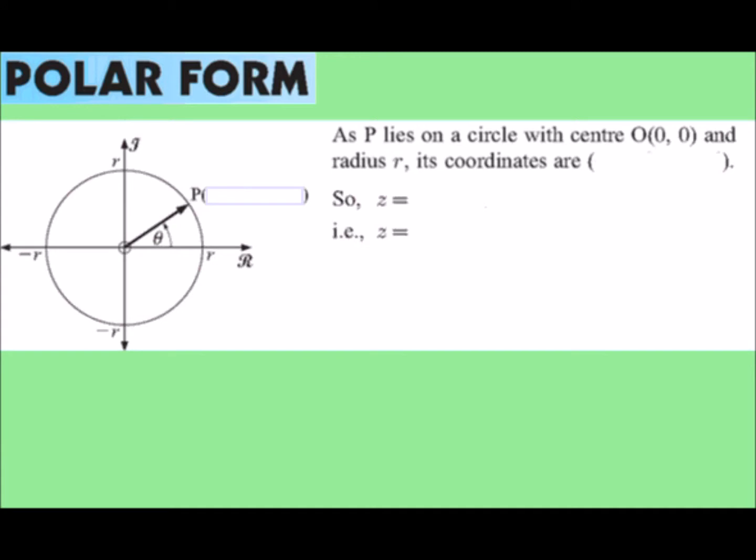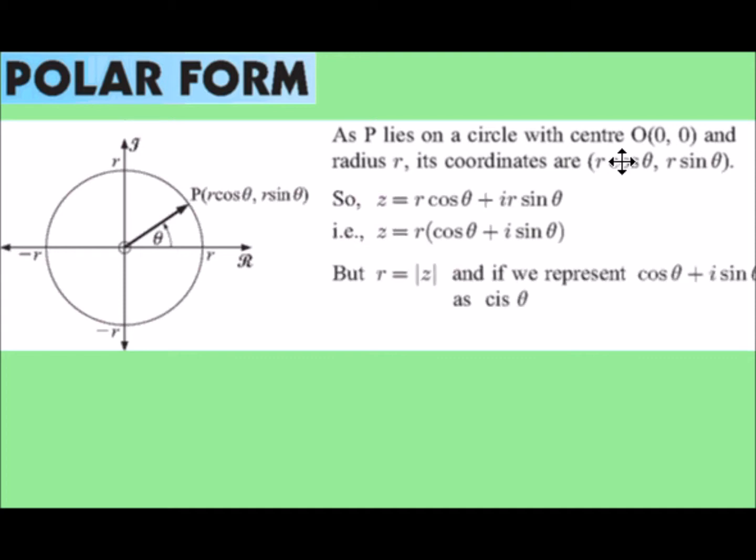So if we now consider point P, a point on a circle of radius r centered at the origin, then the coordinates of point P would be length r times cos theta, and length r times sine of theta. So the complex number z, which was x plus iy, would now be r cos theta plus i times r sine theta. Take out a common factor of r, and we have z is equal to r times cos theta plus i sine theta.